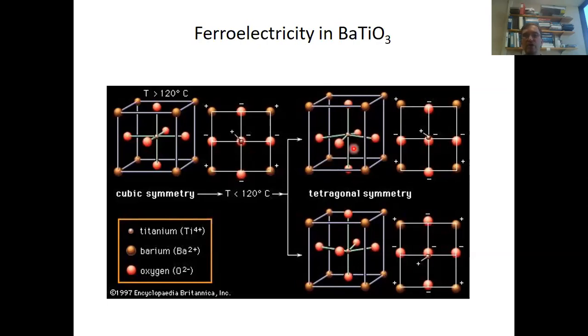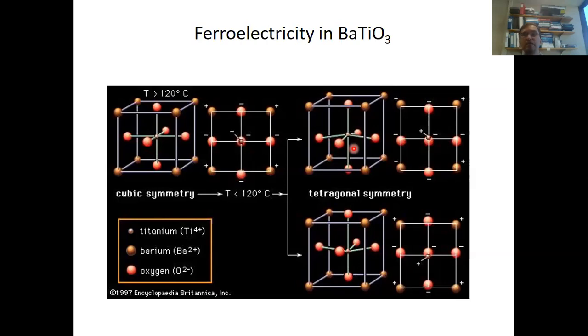Therefore, you have a spontaneous polarization in your crystal. So you have an analogy to ferromagnetism, domains where these dipoles are aligned.